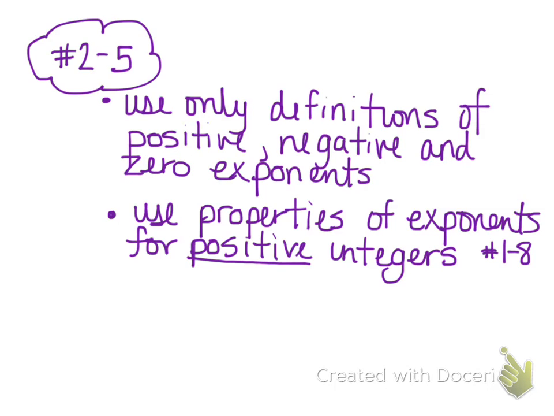So we'll use the properties of exponents for positive integers, and those are numbers 1 through 8 on that equation reference chart that you were given in your notes, and develop that those properties actually work just the same for positive, negative, and zero integers.